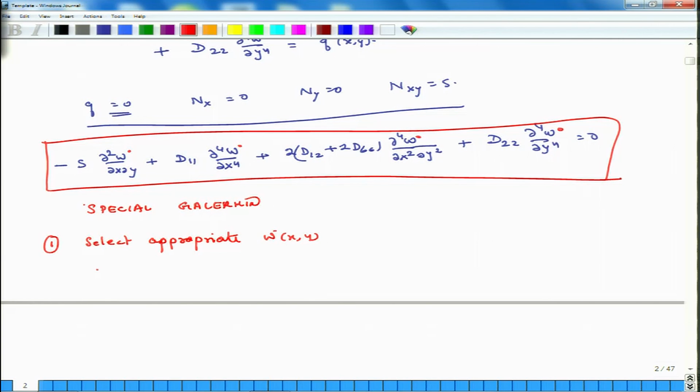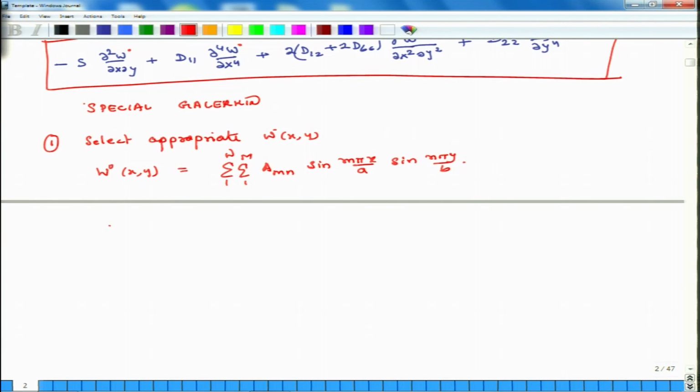So, we assume that w naught x y is a series and this is A m n sin m pi x over a sin n pi y over b. Okay. And this is summed from 1 to capital M and 1 to capital N.